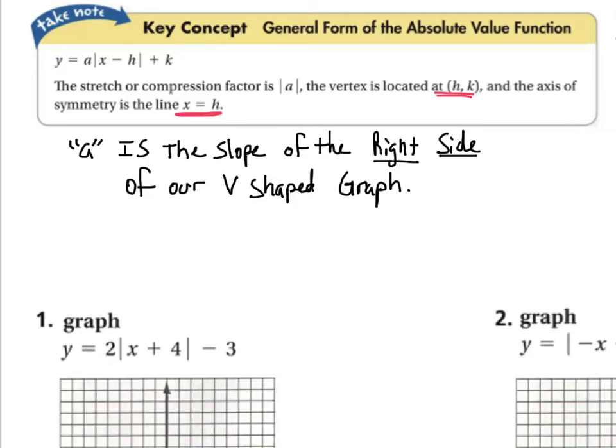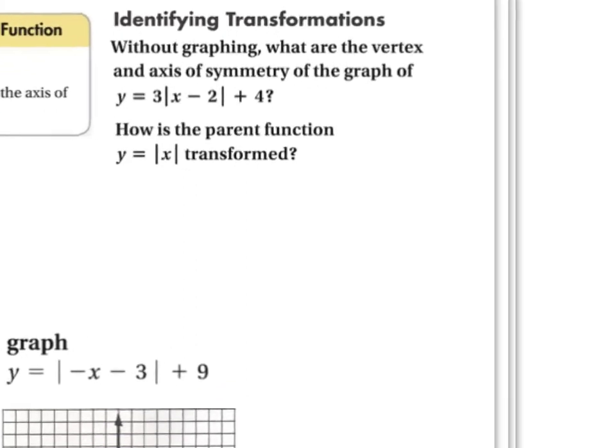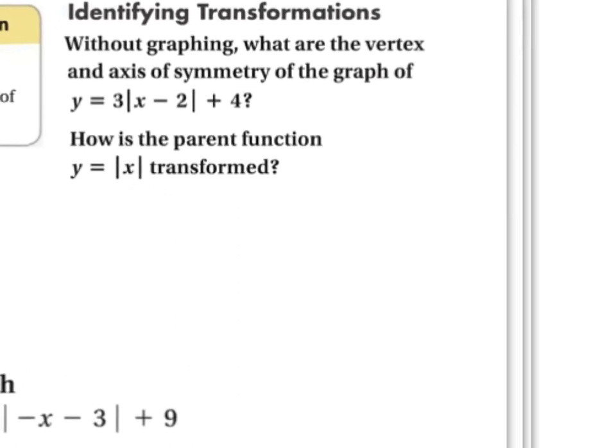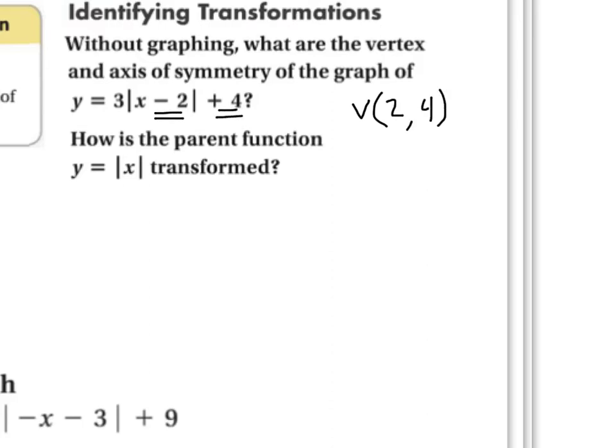For example, without graphing, what is the vertex and axis of symmetry of our equation? Well, the vertex is going to be located, now remember, x is h-opposite, y is y-same. So positive 2, positive 4 is our vertex.